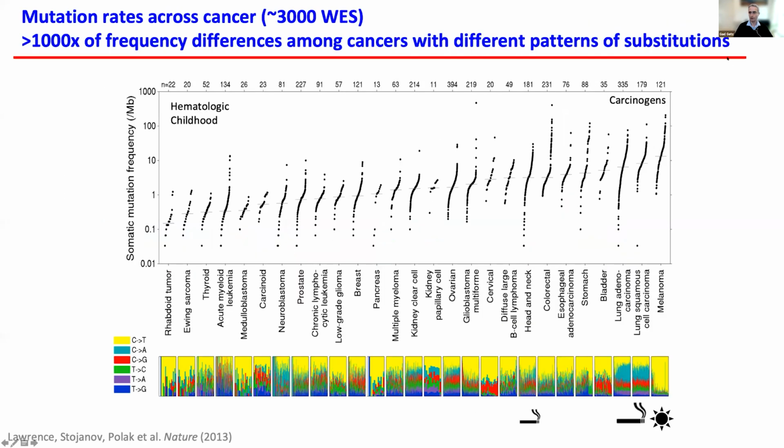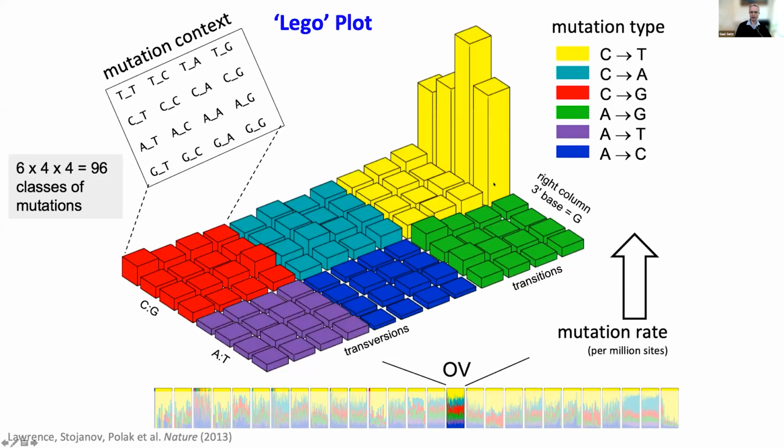So when we looked at mutations across cancer, this is whole exome data, we already saw that the types of substitutions are different, with very clear C-to-T mutations in UV light and C-to-A in the cigarette smoking related mutations. When we look at it then in not only the mutated base, but the base before and after, this is the 96 classes of mutations.